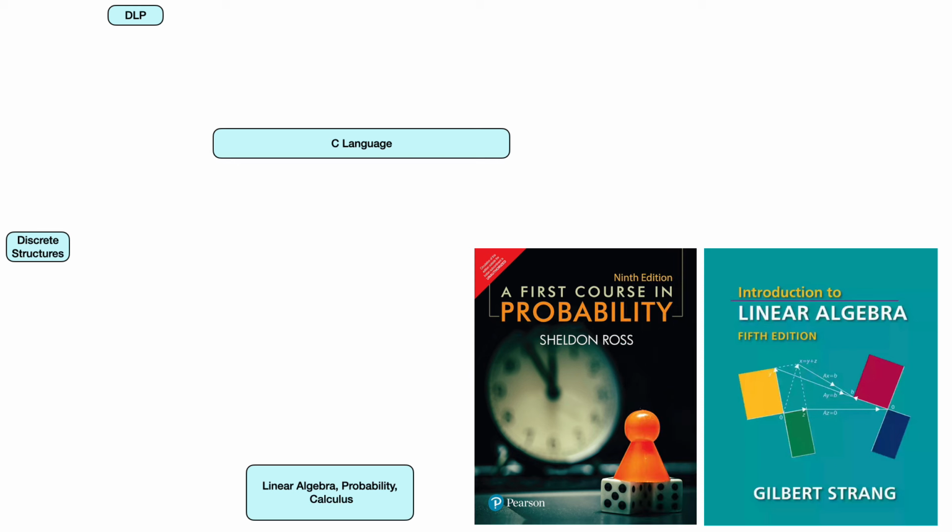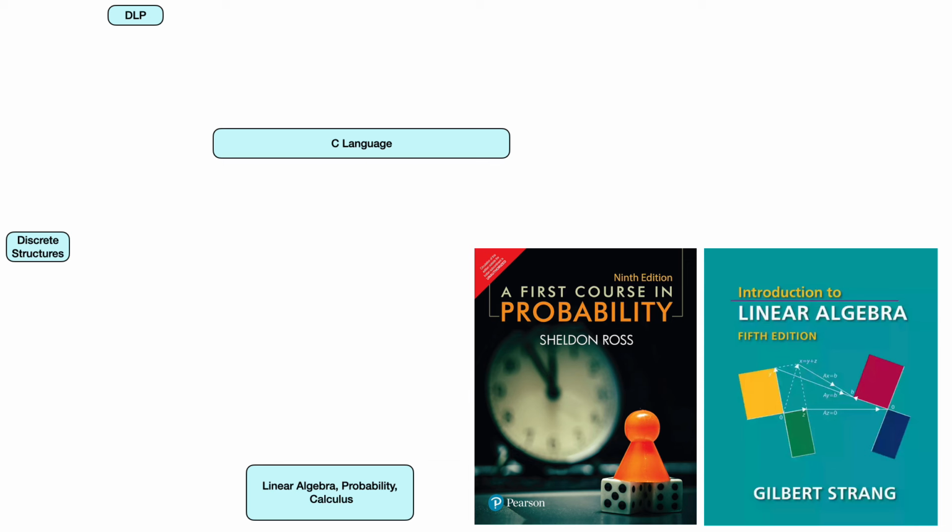And we also have probability by Sheldon Ross, which is also an important prerequisite for many courses, especially the AI courses like machine learning. Most of the mathematical concepts studied in linear algebra and probability are directly used in courses like machine learning. In probability, we study basic high school mathematics like Bayes theorem, conditional probability, independence.